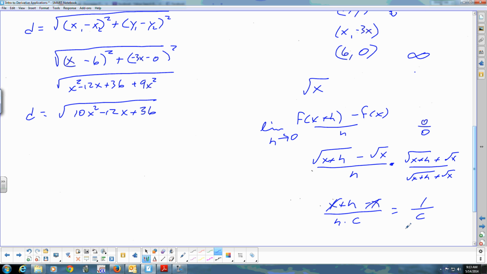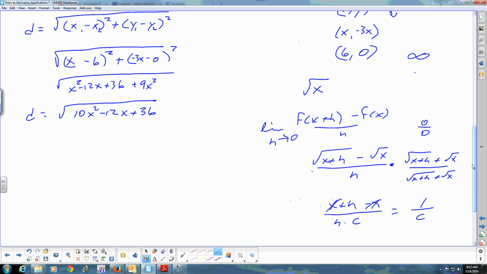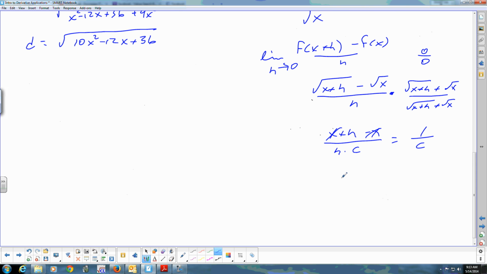So you have 1 over the conjugate, and then you take the limit. So that would be 1 over the square root of x plus h plus the square root of x, and you're taking the limit as h goes to 0. So that h goes to 0, and you have 1 over the square root of x plus the square root of x, so you have 1 over 2 square roots of x. Then you set that equal to 0, because that would be the derivative.